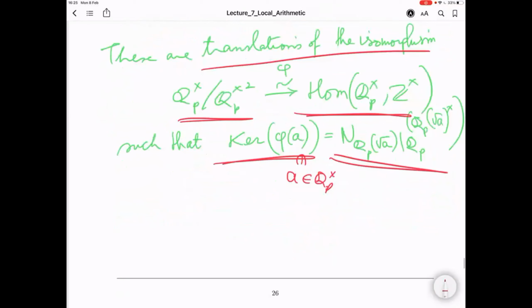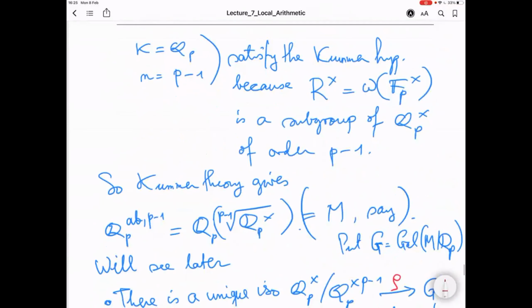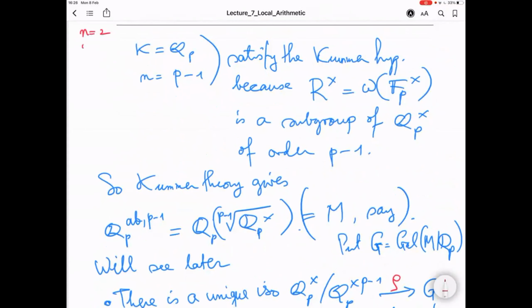Okay. So now as I said, that was the case n equal to 2, and we are later probably going to do the case n equal to p minus 1, because the Kummer hypothesis is satisfied with K equal to Q_p and n equal to p minus 1 as well. Why? Because we had this R star.